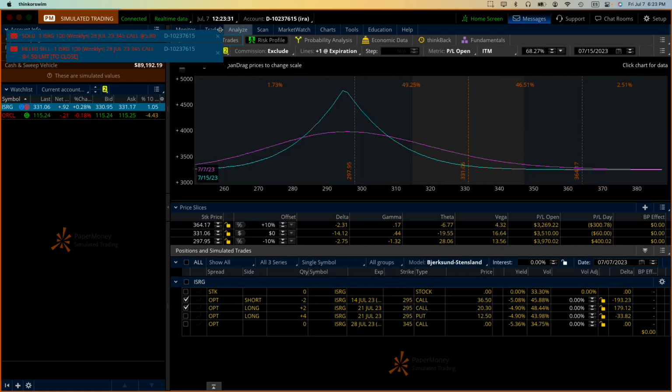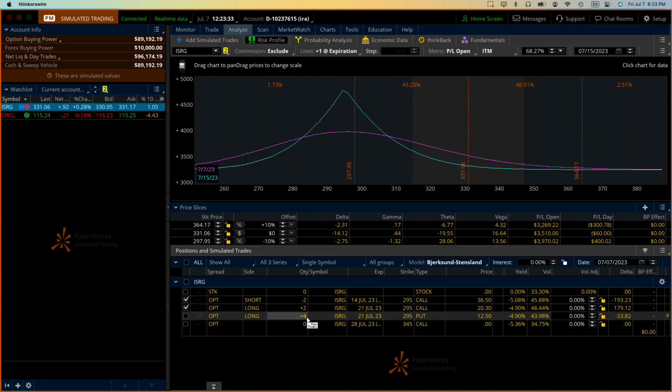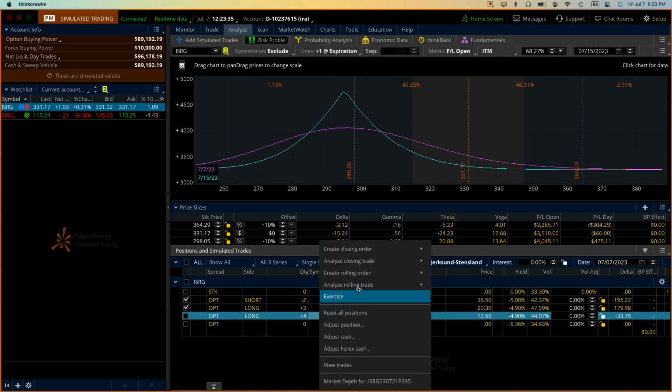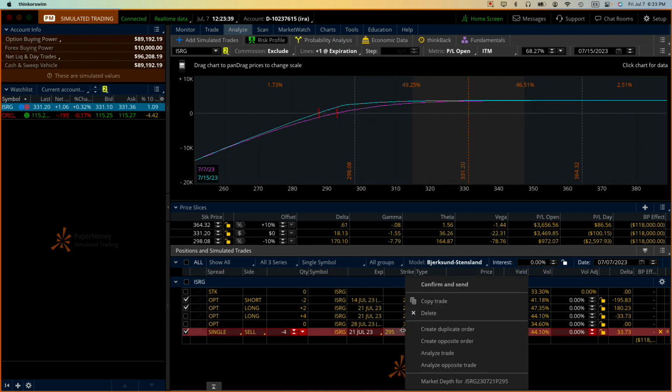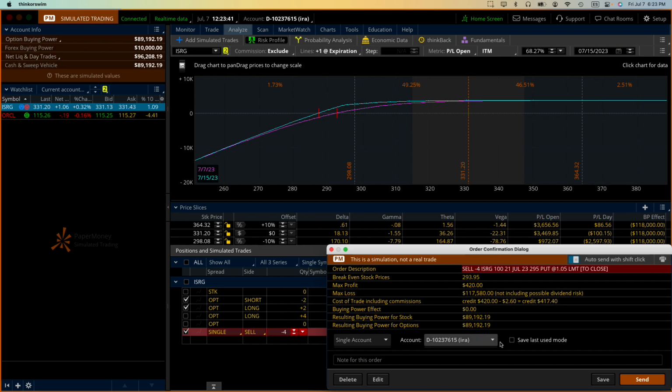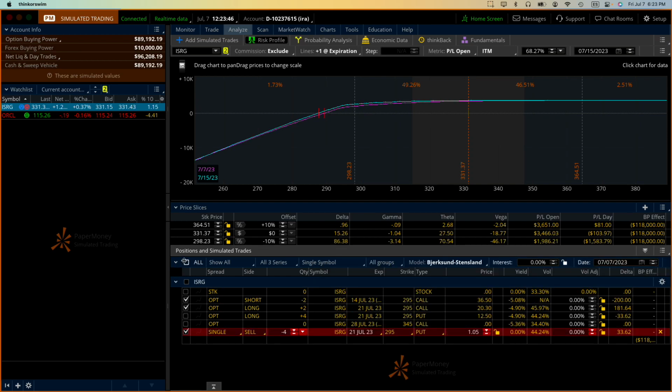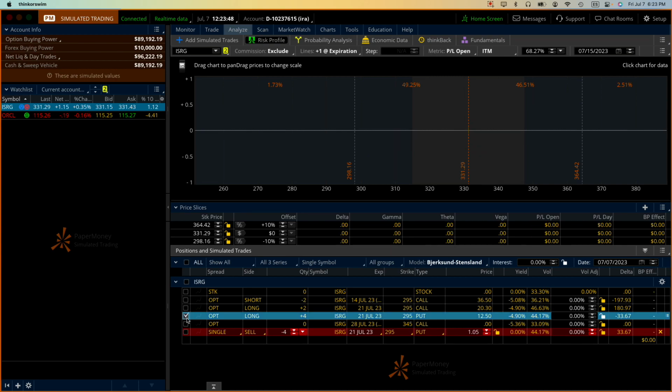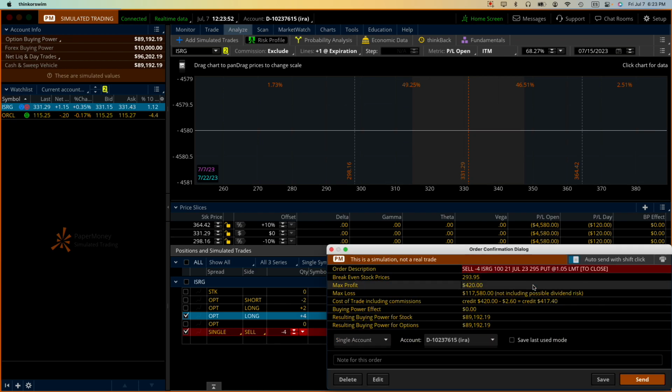That's the ISRG. Let's close the put. Okay, just select the put here just to make sure that you're closing it. Yes, indeed. Confirm and send.